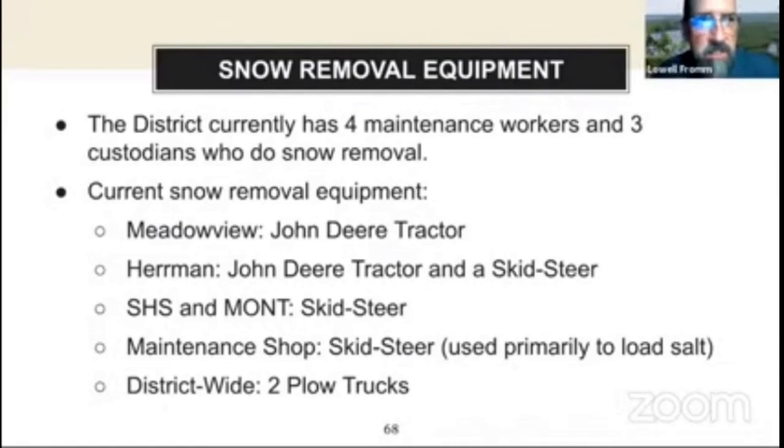The John Deere at Herman is also used for cutting grass, and the skid steers are used during the summer for landscaping. The different attachments there, would we have to purchase those for this new one too? We have the attachments already, except the John Deere we're ordering will have a brush so that can help with snow removal, but we have other attachments that are universal between the 3 tractors.